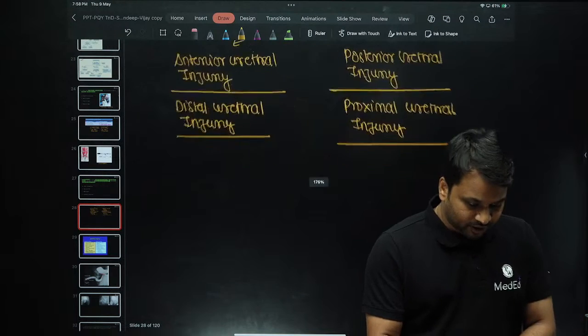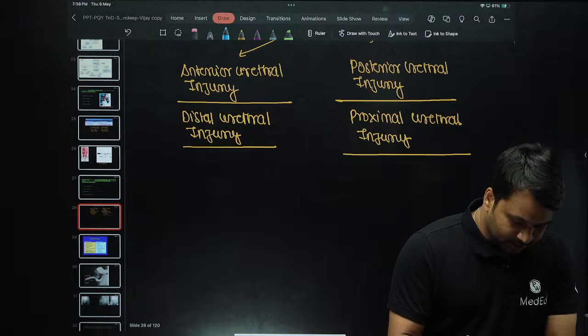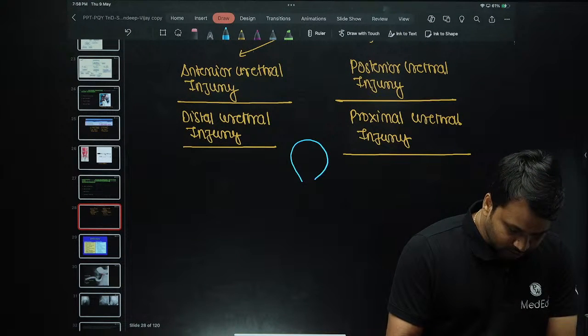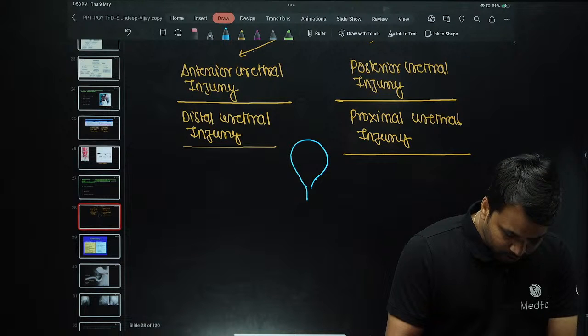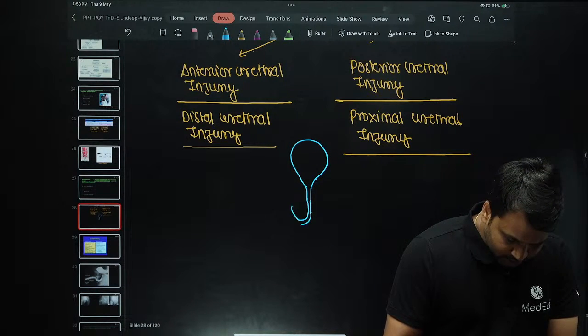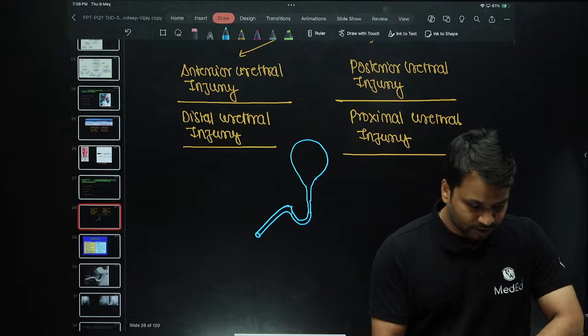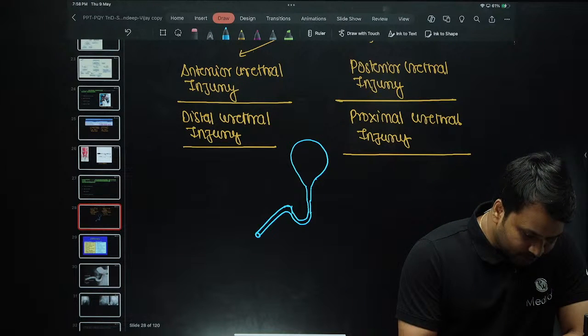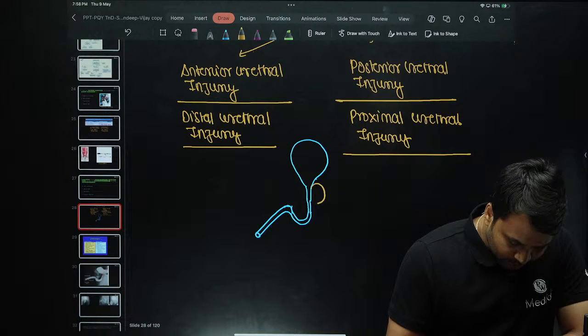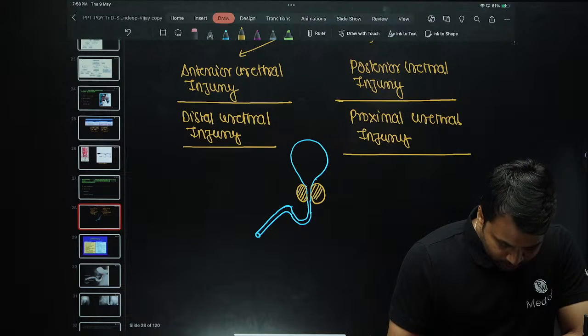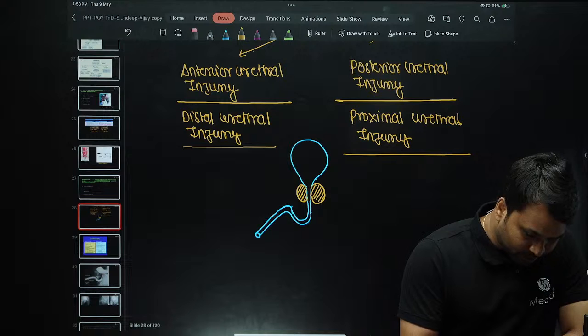Now, if you take this as a representation of the bladder, this will be your prostatic urethra, then you have the membranous urethra, then you see this curve, that is the bulbar urethra, and then you have the penile urethra present here. The part occupied by the prostate gland becomes the prostatic urethra.